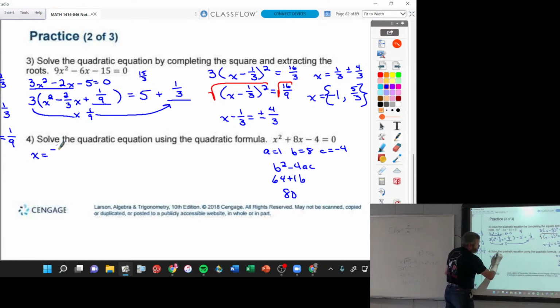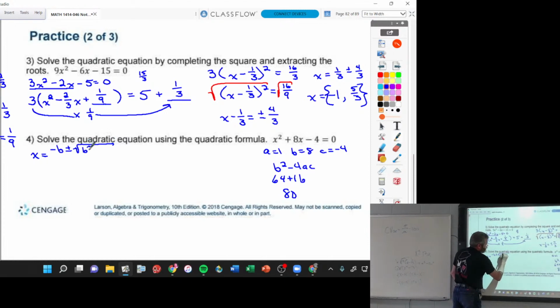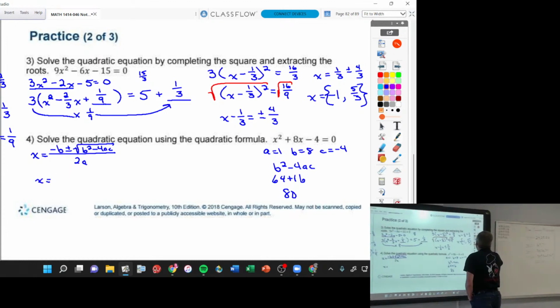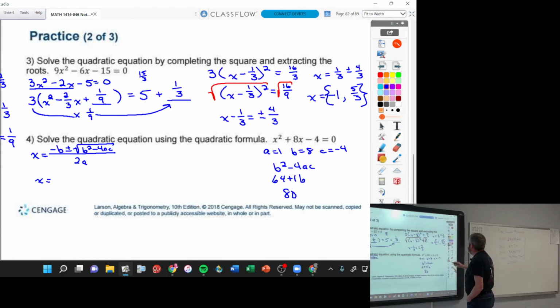x equals negative b plus or minus the square root of b squared minus 4ac all over 2a. x equals, make some more space to write real quick.